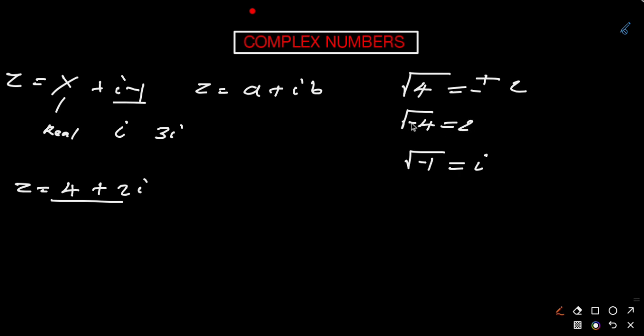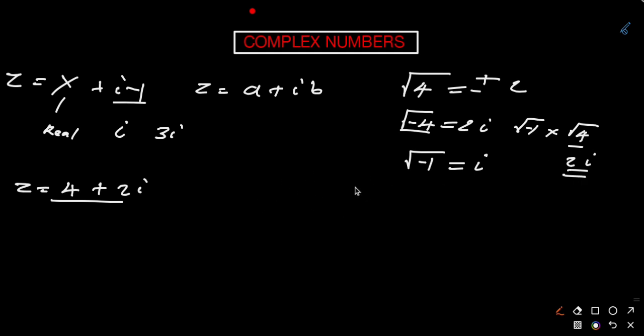And since here we are having a negative, we are going to put i. In short, you can divide this root of -4 as root of -1 multiplied by root of 4. Root of 4 is 2 and root of -1 is i. If you multiply, you're going to have 2i. So that is the idea here.